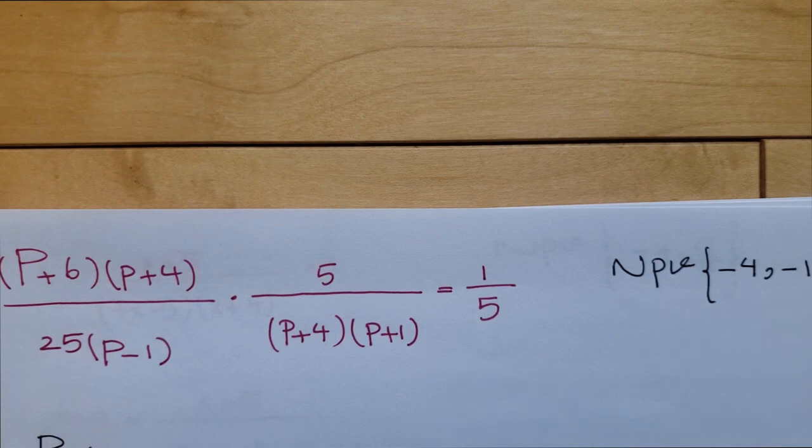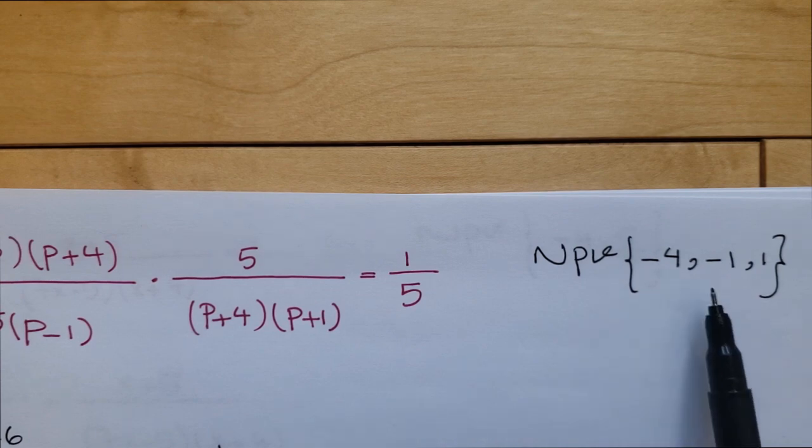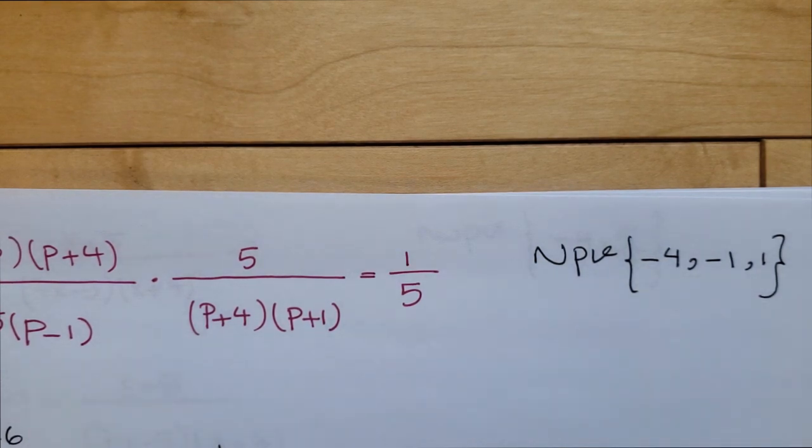So there are 3 NPV values: -4, -1, and 1. So after you solve the equation, you have to check the final roots against these NPV values and make sure they do not overlap.